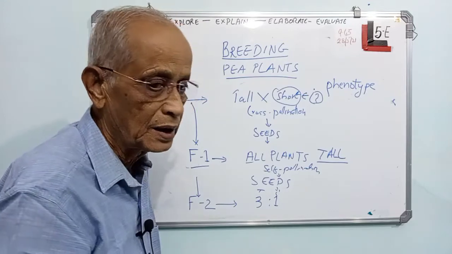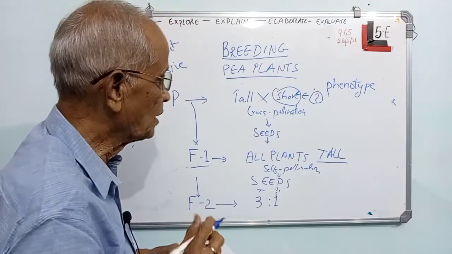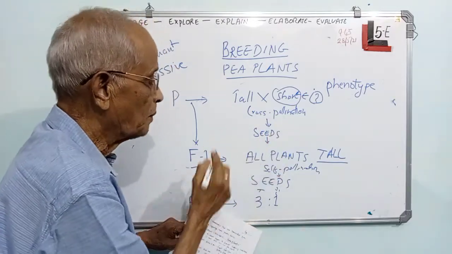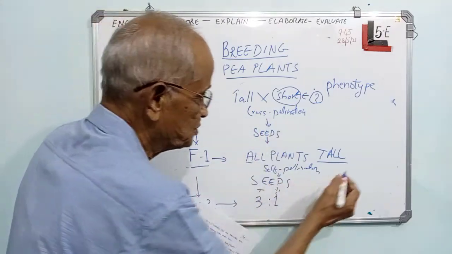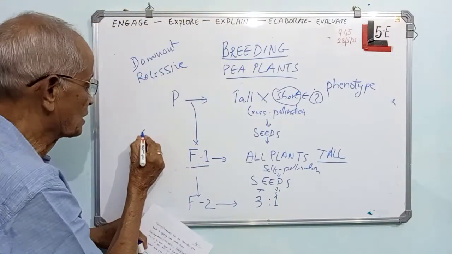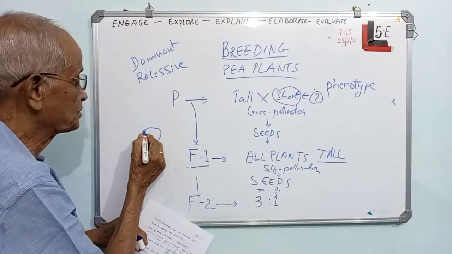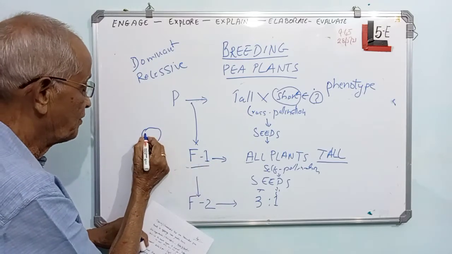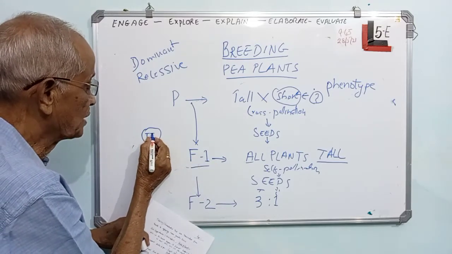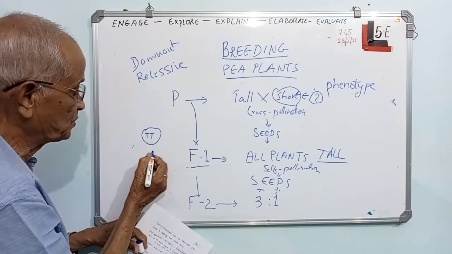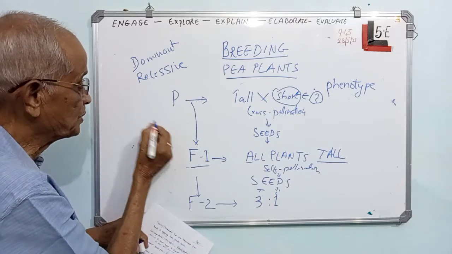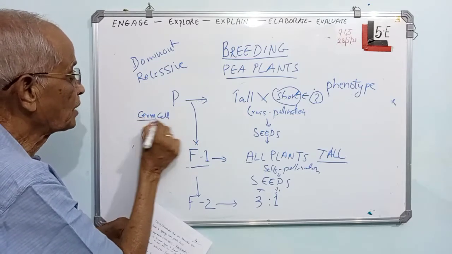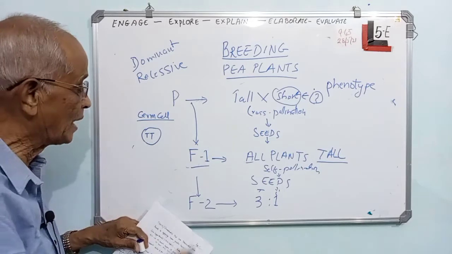Since he did not know about chromosomes, he felt that the germ cells, or the pollen grain, must have the factors for tallness. He said there must be two factors for tallness, maybe in the cells that will produce the pollen grains or the female gamete.